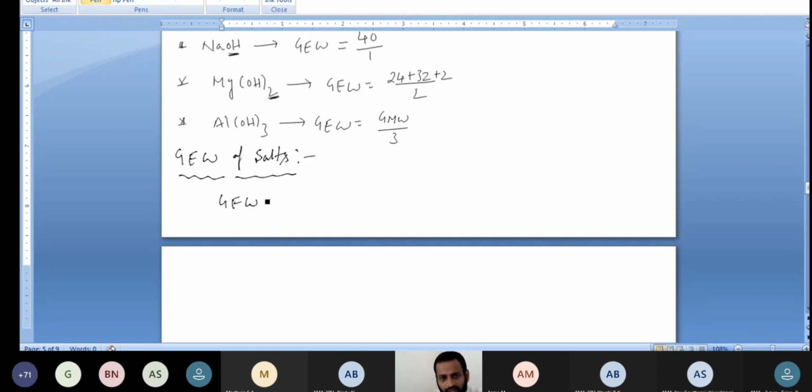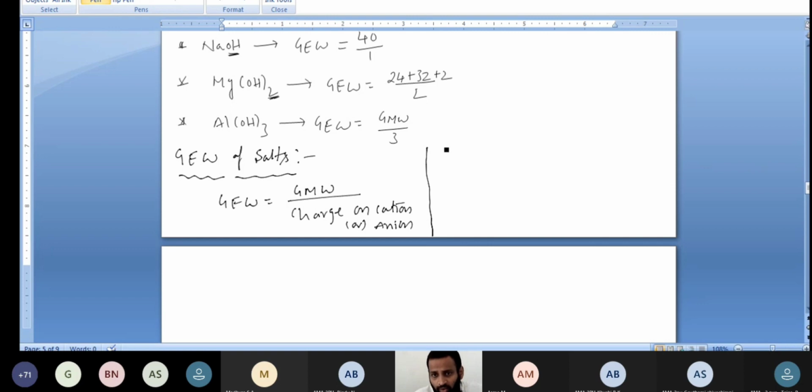Gram equivalent weight is equal to gram molecular weight by either the charge on the cation or else the charge on the anion. This is the gram equivalent weight of a particular salt.